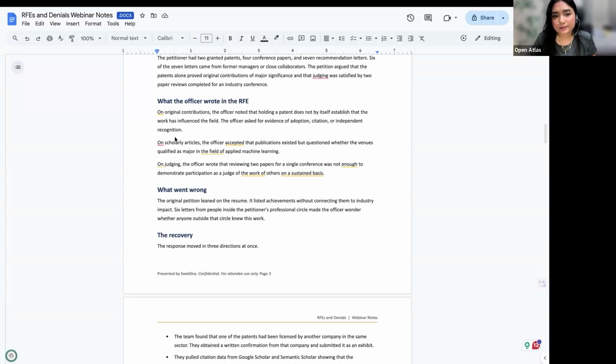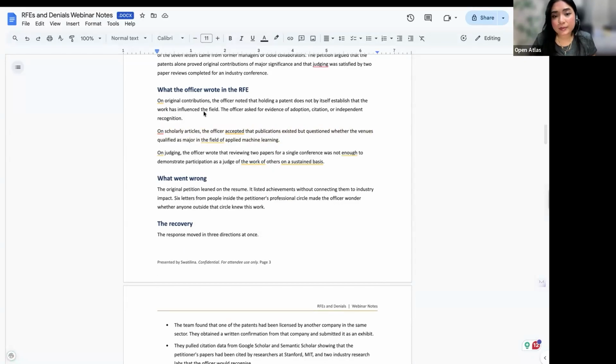On scholarly articles, the officer accepted that publications existed but questioned whether the venues qualified as major in the field of applied machine learning. As I said, whatever topic you have chosen for your authorship, make sure the petition itself mentions what that scholarly article is talking about and how it is related to your domain.